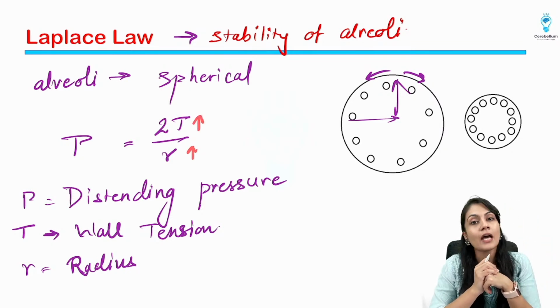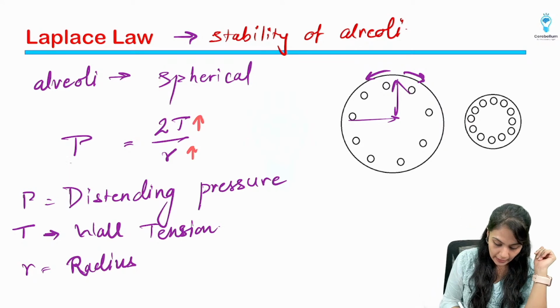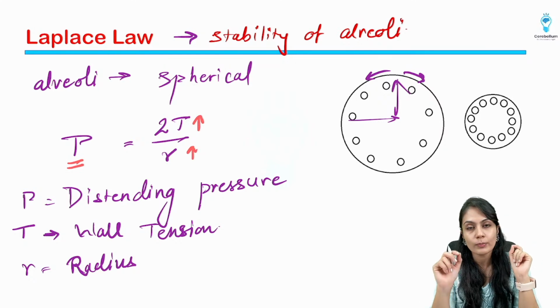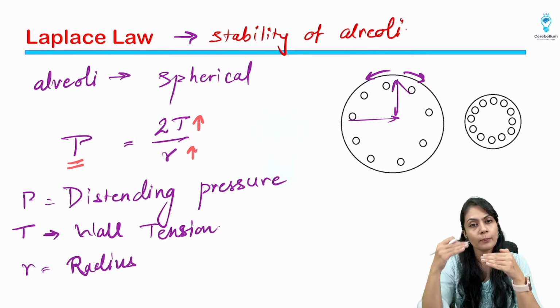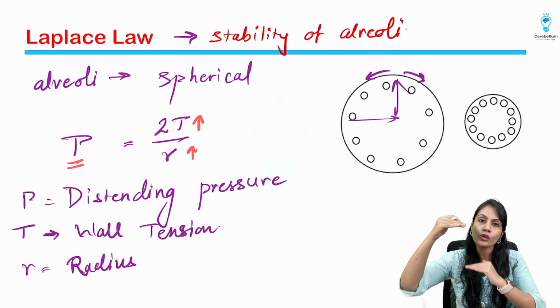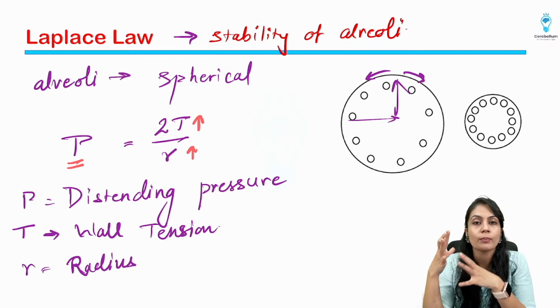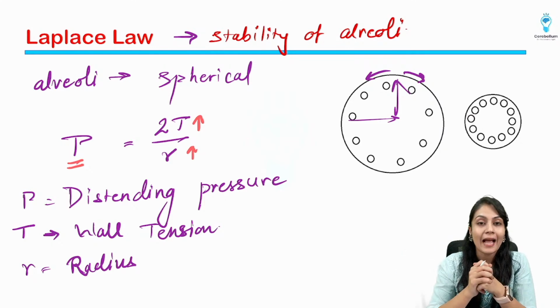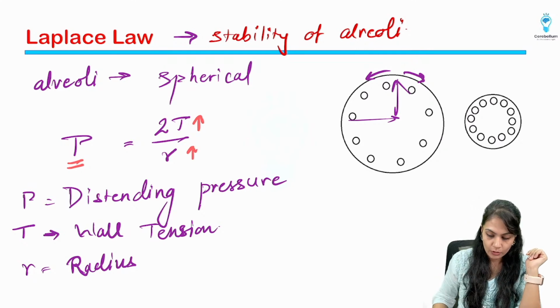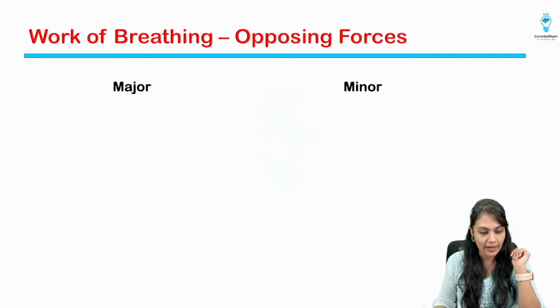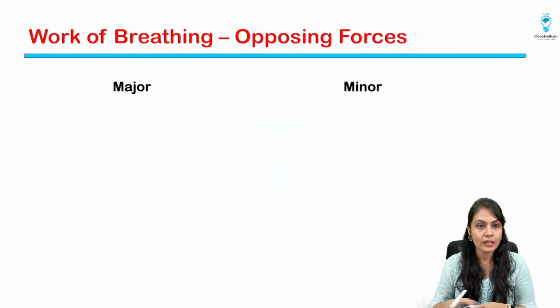And if both are increasing proportionately, the pressure is going to be maintained at its normal value, because if the radius is increasing, proportionally the tension is increasing, both the numerator and denominator are going to increase and the ratio is going to remain the same. So that's why, thankfully, the alveoli are going to be stable, they won't collapse, right? Thanks to the Laplace law that we do have stability in our alveoli.